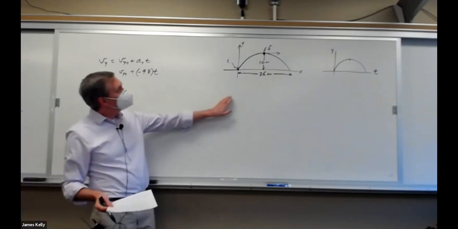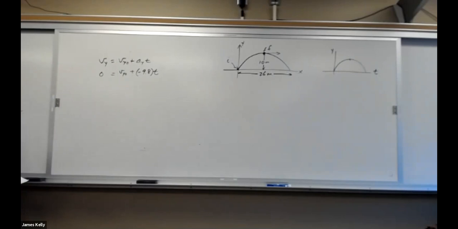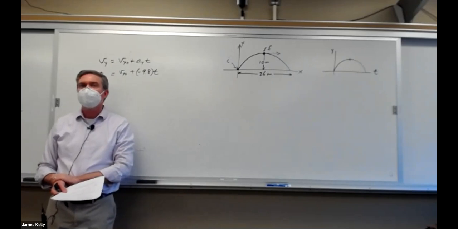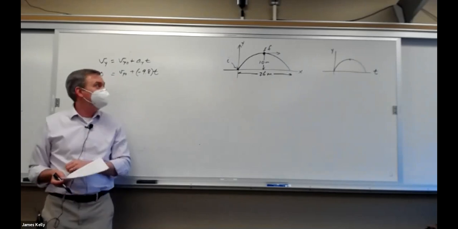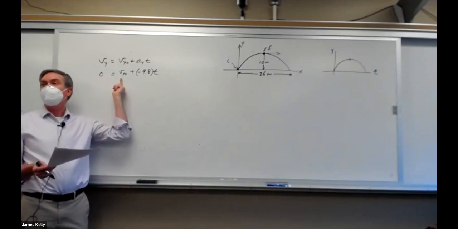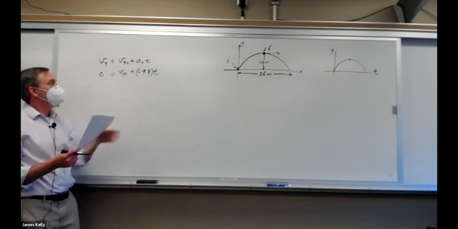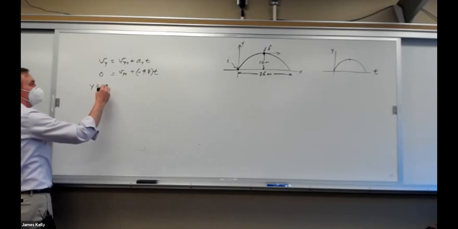Okay, so how might I get at what the initial y velocity is just from those two numbers? It's a little bit disconcerting. What else do I have to work with that would involve the initial y velocity? Here's one of the equations. We already used it. What else involves Vy initial? Well, there's another one that involves the t squared, right? y equals y0 plus Vy0 t plus 1/2 ay t squared.